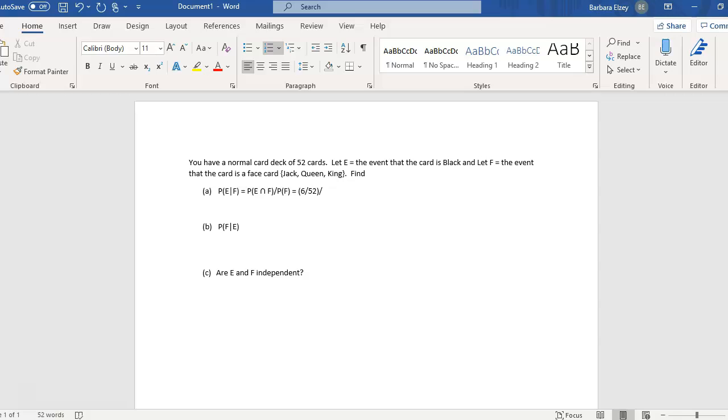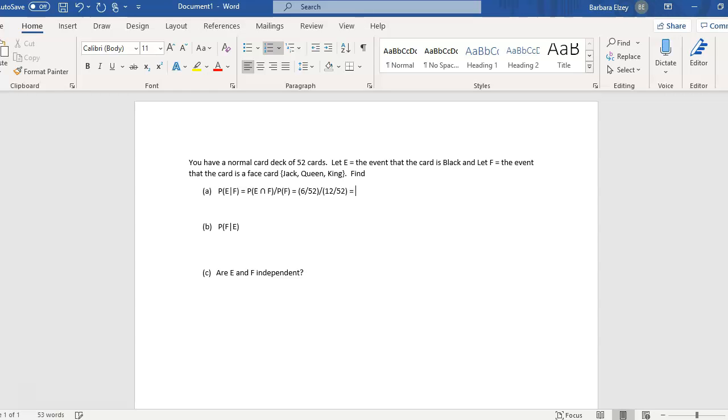On the bottom, the probability of F, the probability of a face card. Well, we have those black face cards that we were just talking about, but we also have a jack, queen, and king of hearts, and a jack, queen, and king of diamonds. So that's 6 more cards. So there's 12 out of 52.